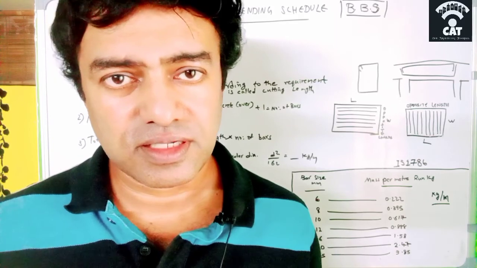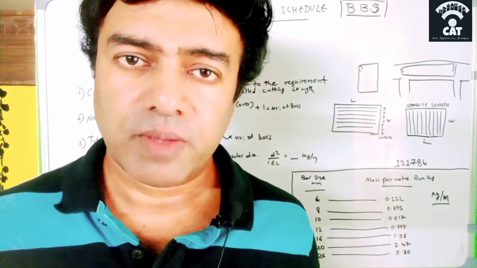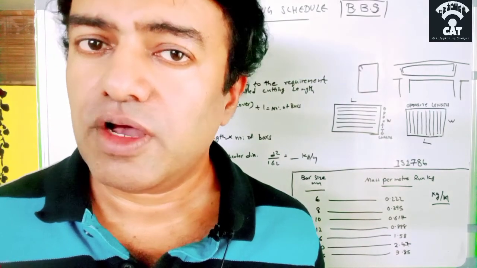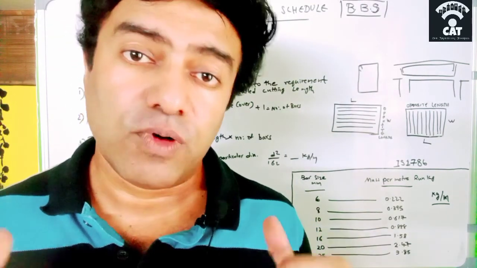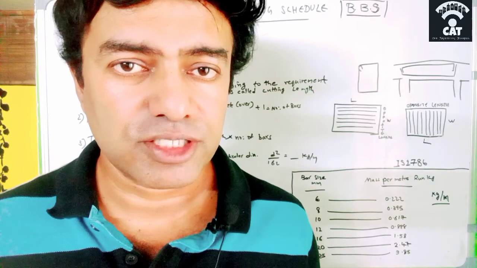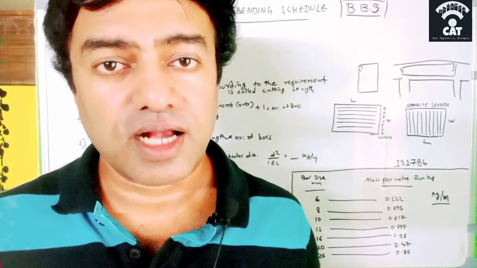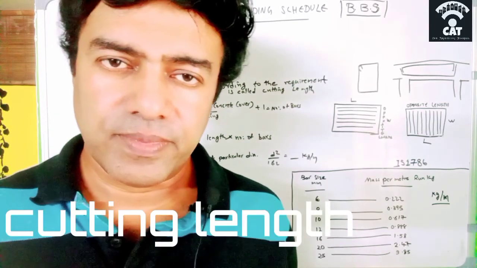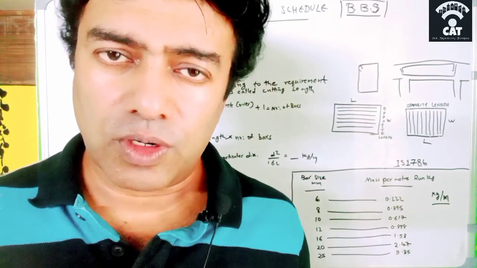I will discuss here the standard procedure of doing the bar bending schedule. It has got 5 items. The most important thing in bar bending schedule is to get the cutting length of a bar, whether it is beam, column, or slab.